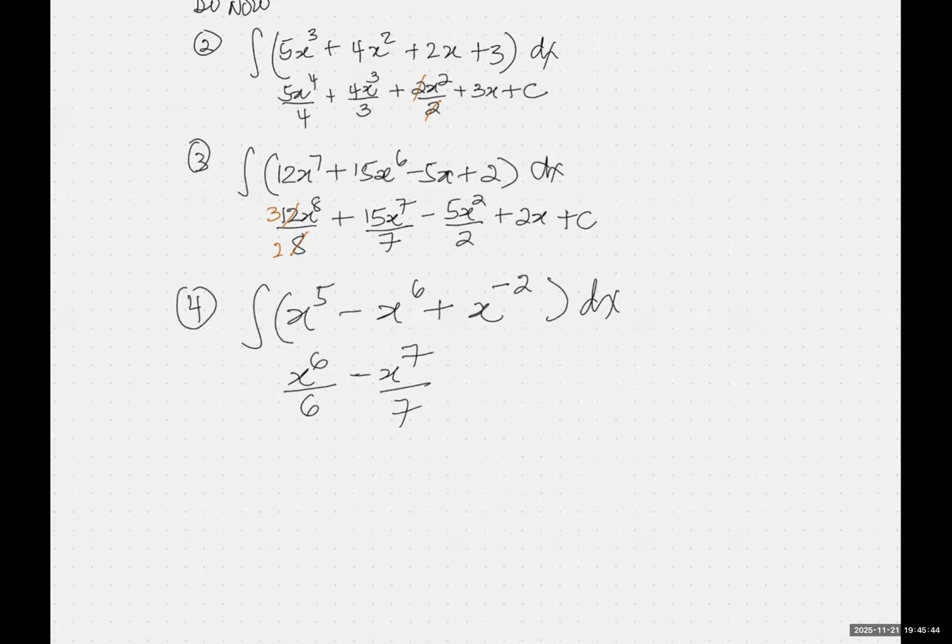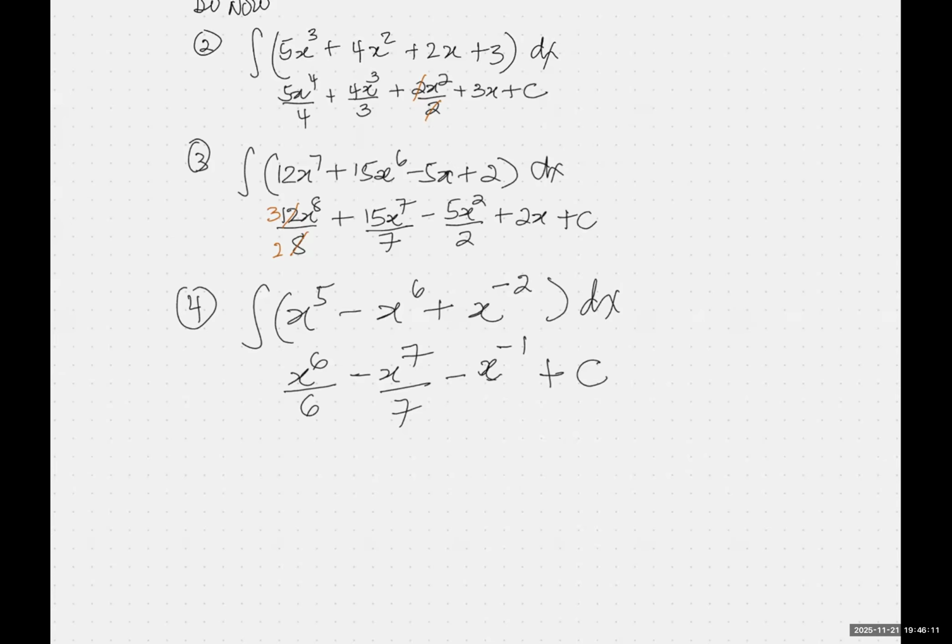Plus x to the negative 1, over negative 1. Is that correct? Look at me if you agree with my answer. Yes, sir.